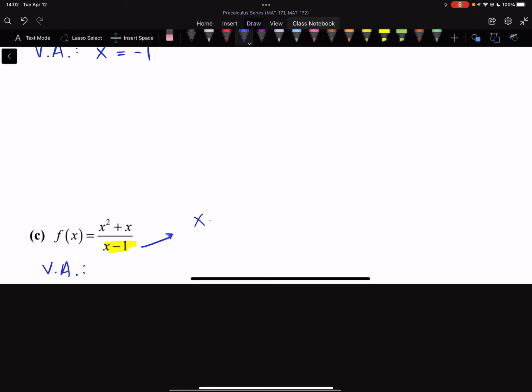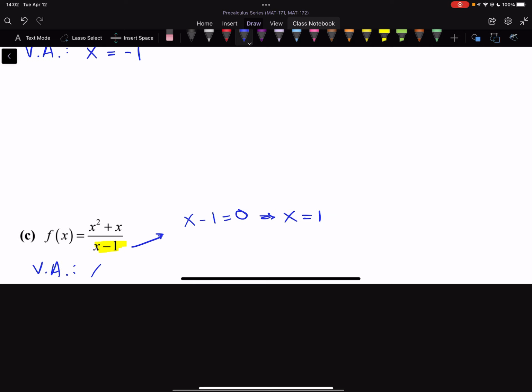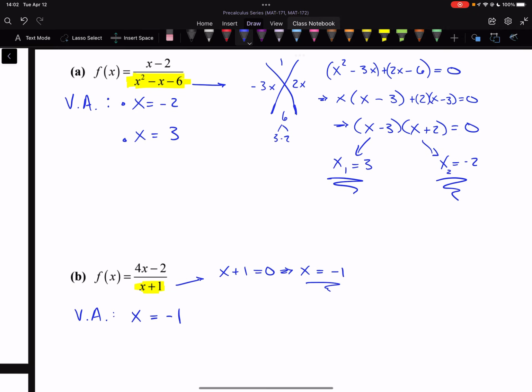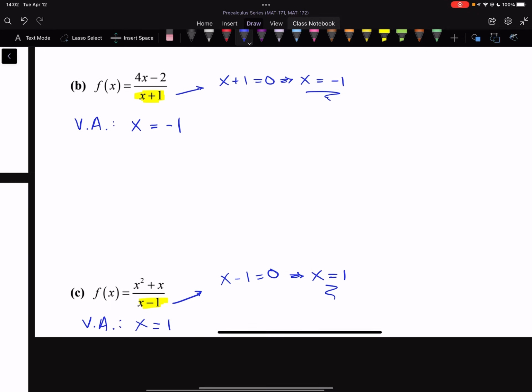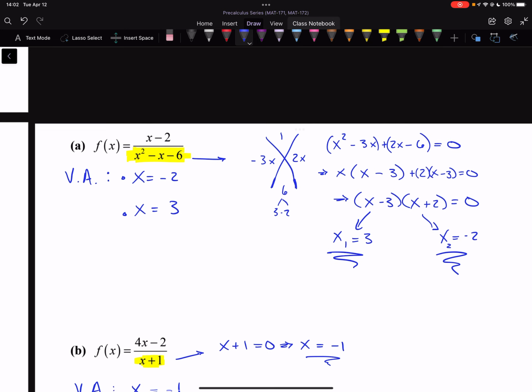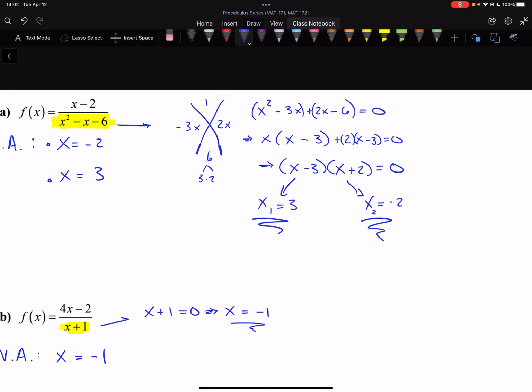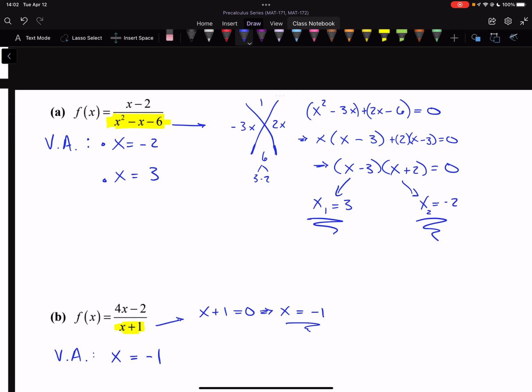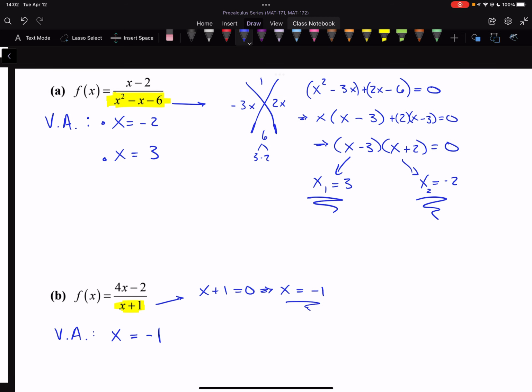Just set that equal to 0. You're going to have a vertical asymptote at x equals 1. So your vertical asymptote is your first real victory here. You can get the vertical asymptote pretty easily, again, just by setting that denominator equal to 0.